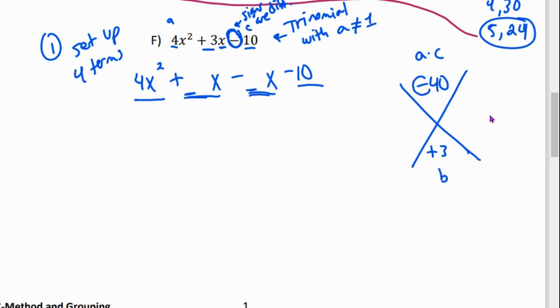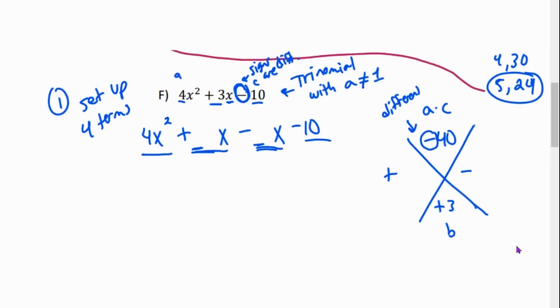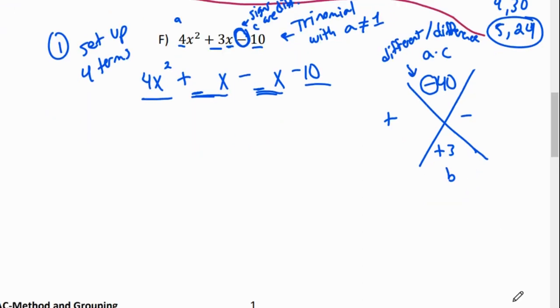Because the 40 is negative, just like the 10 being negative, we know that there are going to be different signs. One's going to be positive, one's going to be negative here. And when it's different, think difference. For me, it's easier to think of the 2 numbers if I think difference rather than sum.